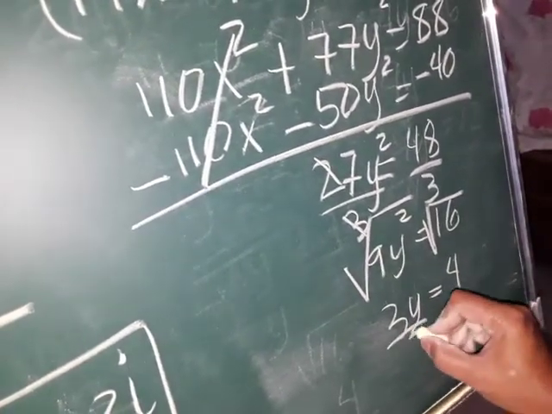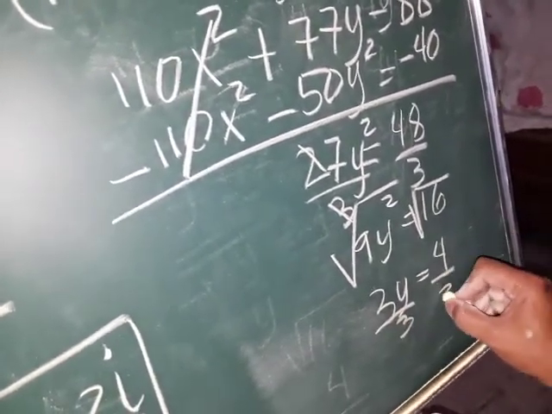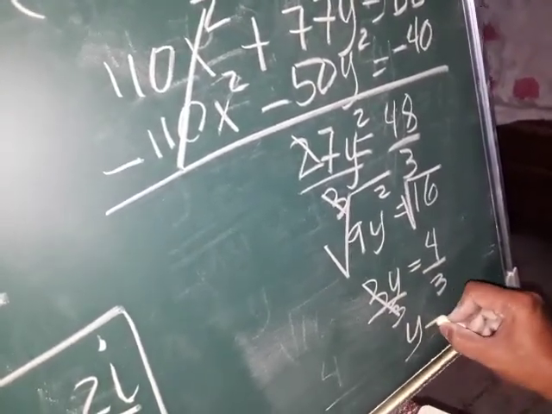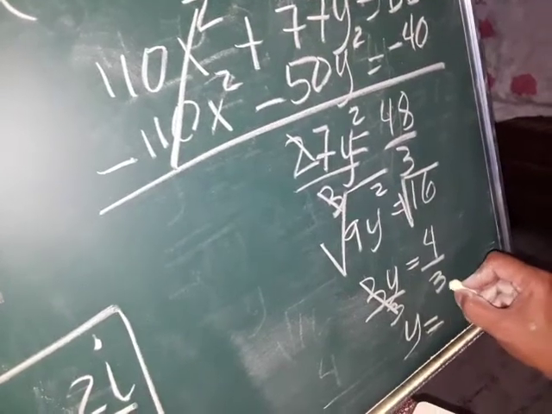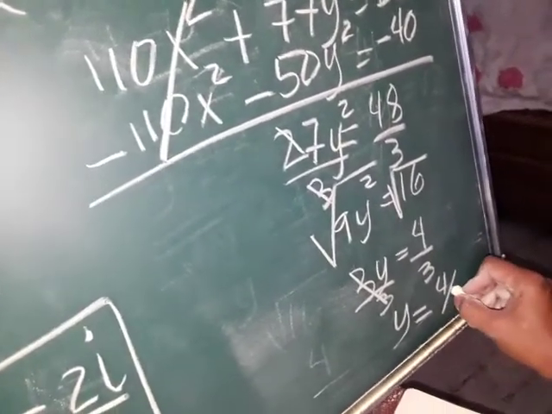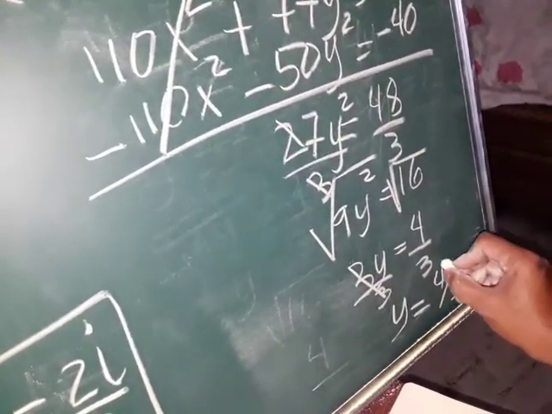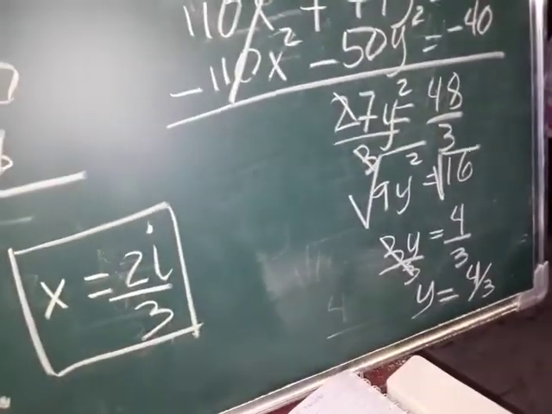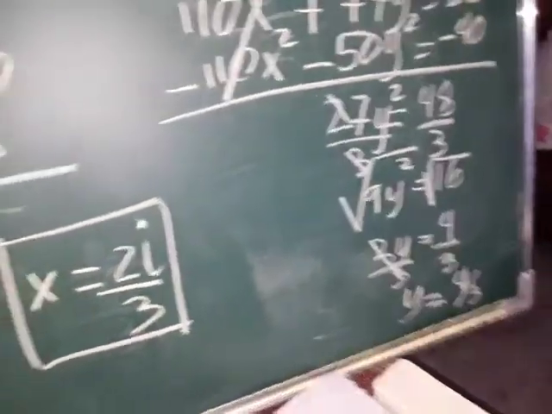So divided by 3, divided by 3, cancel. y is equal to 4/3. Okay, so that's our answer: x is equal to 2i over 3 and y is equal to 4 over 3.